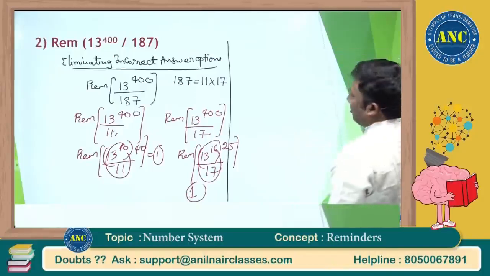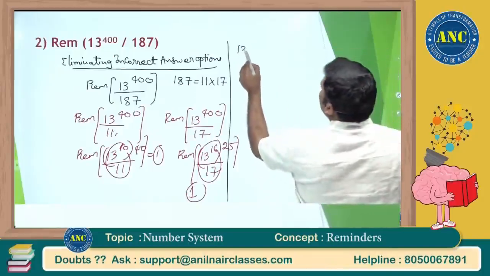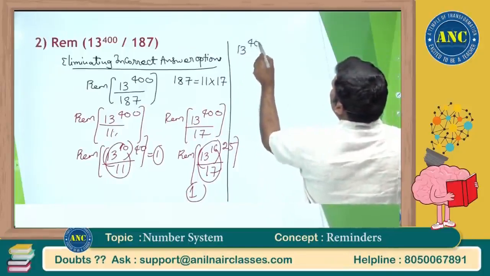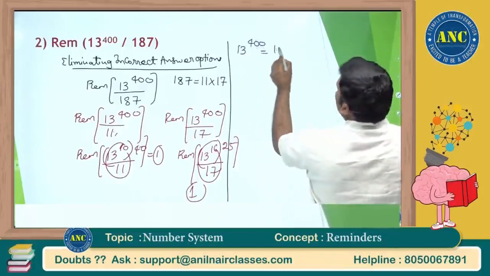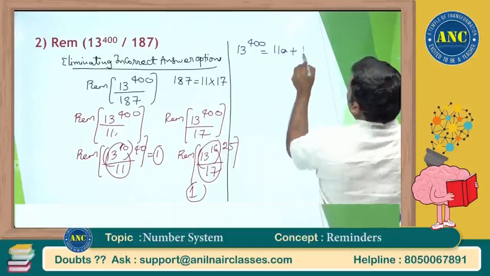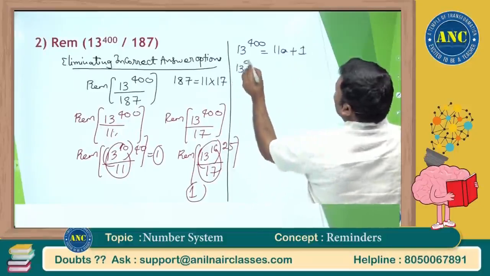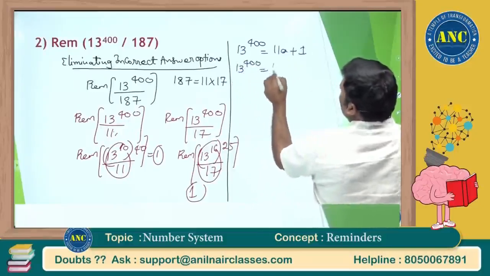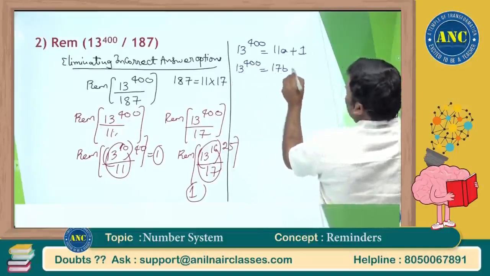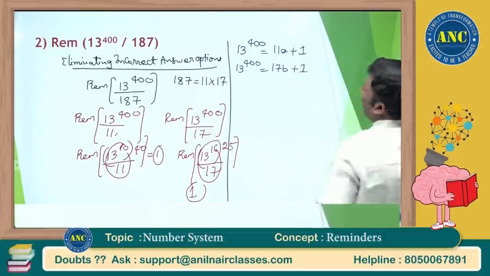Eliminate the answer options. Why is it behaving like that? Let me prove it. 13 power 400, when divided by 11, the remainder is 1. 13 power 400, when divided by 17, the remainder is 1.